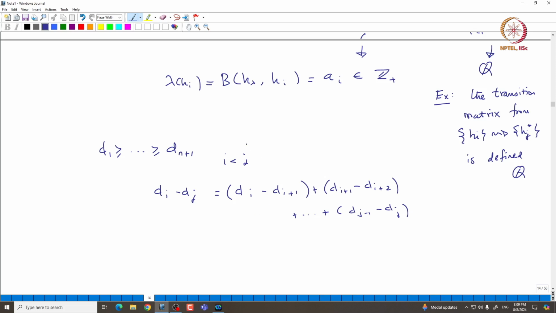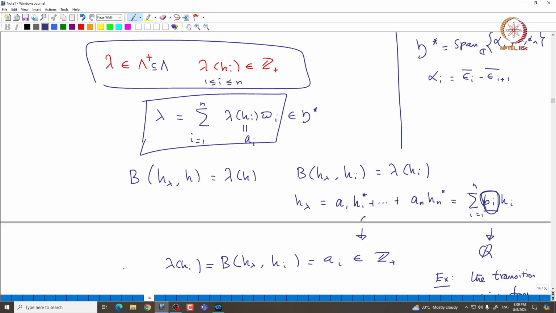And since all these numbers are in decreasing order, you can see that this is all greater than or equal to 0. So, this tells you that this C lambda is at least summation Di square, which is greater than or equal to 0.